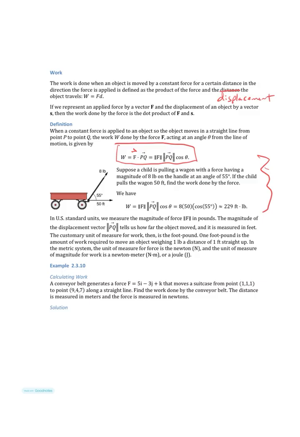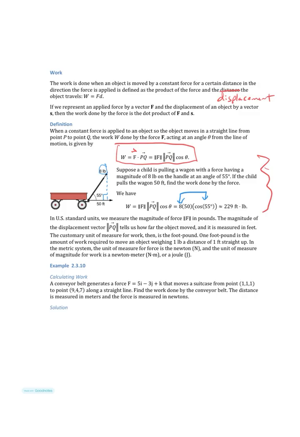It's kind of the same idea that you're only getting a portion of it. So if you're pulling this wagon with a force of 8 pounds, right? But if you're standing up tall, you're kind of pulling in a diagonal direction. So kind of as a projection of that 8 pounds, you're really only getting kind of a component of that, which is why that would be 8 times cosine 55, because you're not getting the full 8 pounds of force, because some of that you're pulling upward, but the wagon is only moving directly horizontal.